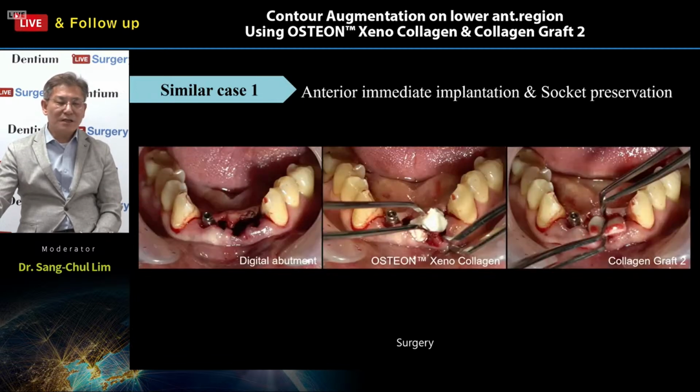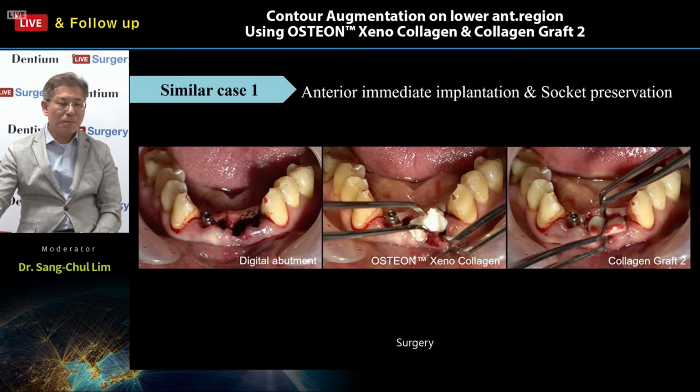Okay, after insertion, we can connect the digital abutment. This abutment has a notch, so the notch surface is intact, working as an indicator for the intraoral scan or some BTS, bite tray technique.